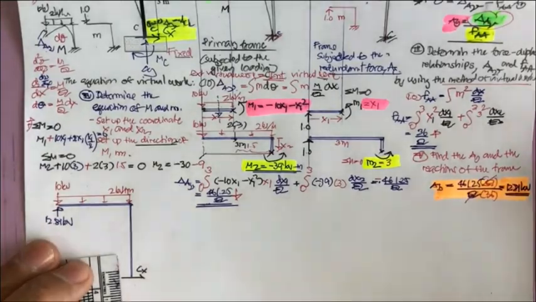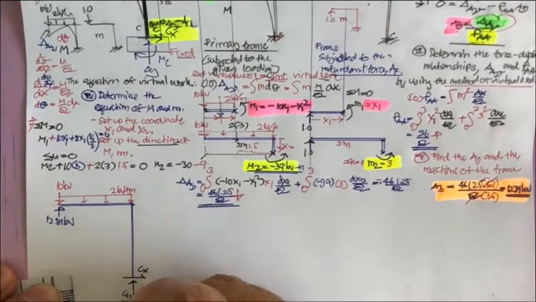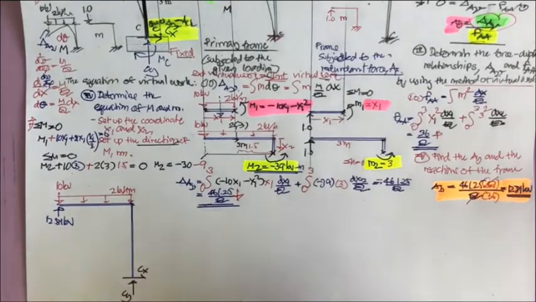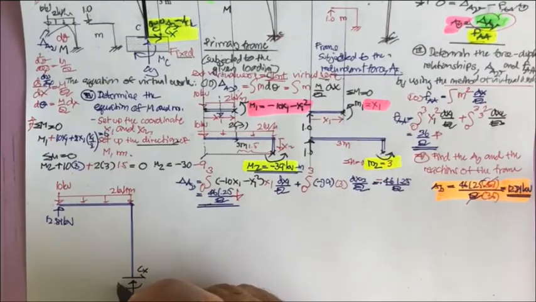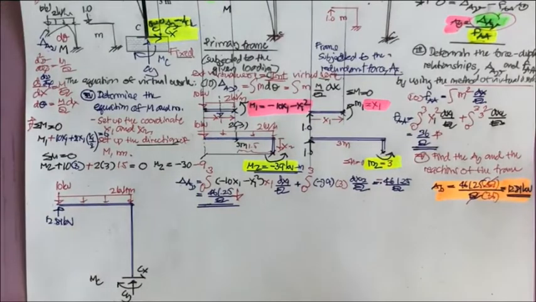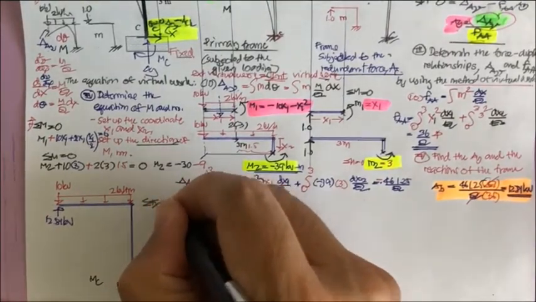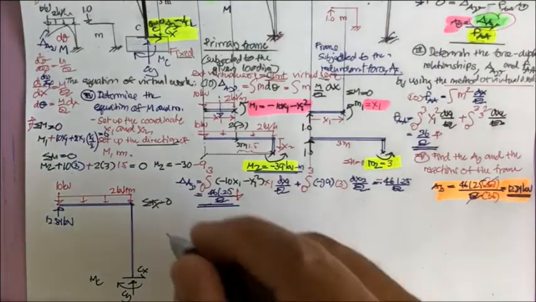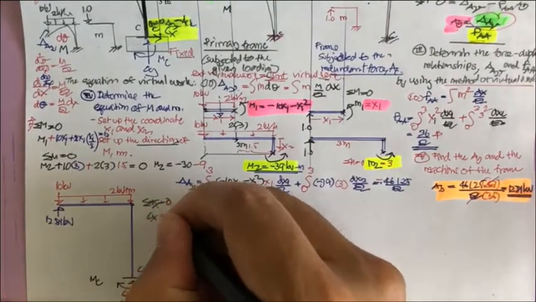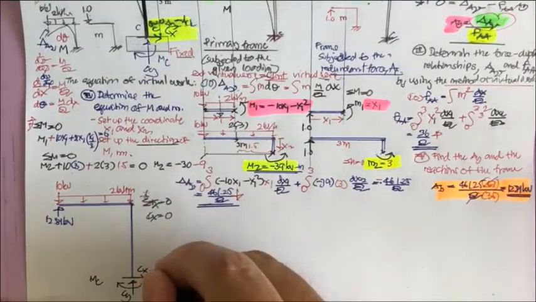So we should have this C sub Y here, and also we should have the moment here of M sub C. Now, if you like to do so, you do the summation of F sub X equal to 0, and since it's nothing, your C sub X is going to be 0. So C sub X is 0.